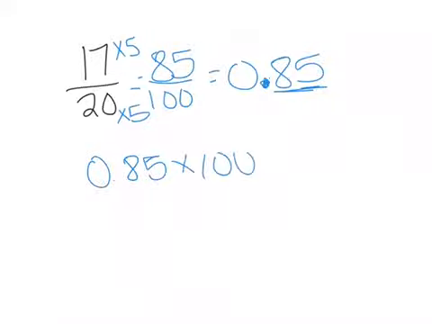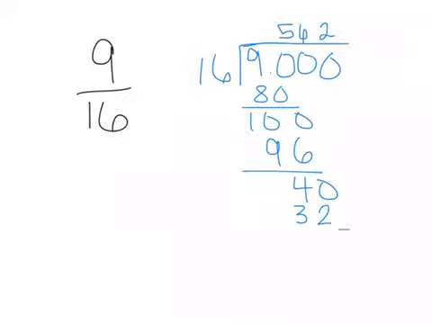It goes in 6 times, and it's 96. 4 left over, add another 0, and it goes in twice. 32. 6 left over, add another 0, goes in 5 times, and we get 60.